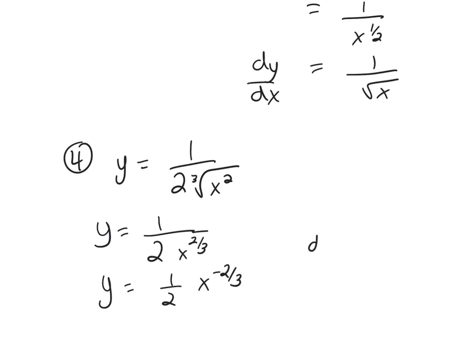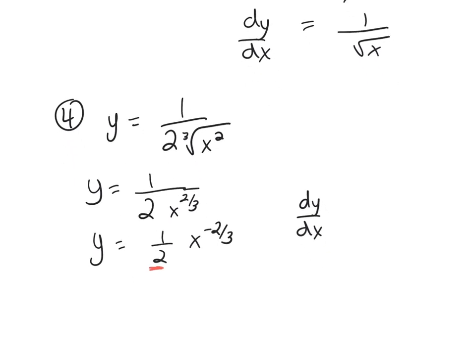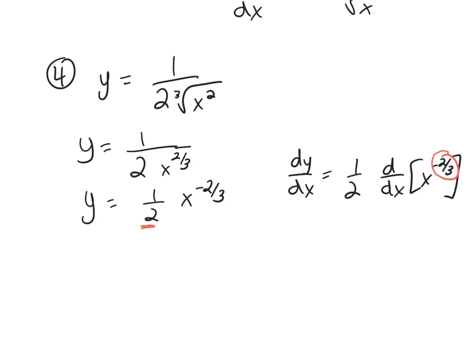And now we're going to take the derivative. And again, this 1/2, this coefficient just stays the same. I leave it alone, and I want to take the derivative of x to the negative 2/3. So we're going to do the power rule to get our derivative. 1/2 times a negative 2/3, x to the negative 2/3 minus 1.